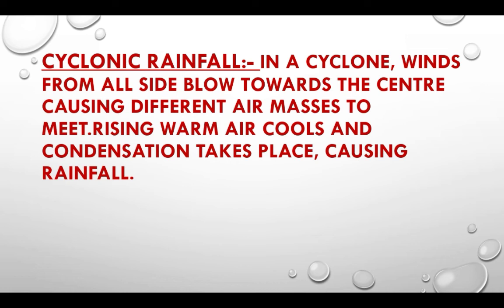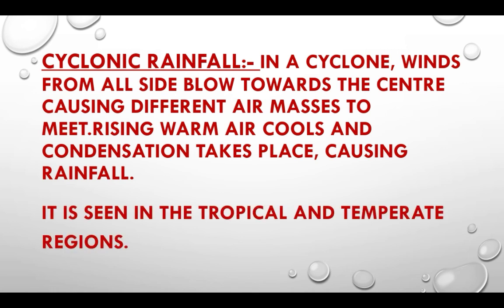The cold air is denser, it remains near the ground, whereas the warm air is lighter, so it rises up. The rising warm air cools and condensation takes place, which causes rainfall. This type of rainfall is mostly seen in the tropical and temperate regions.